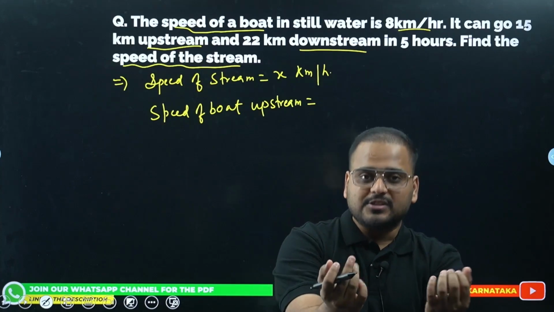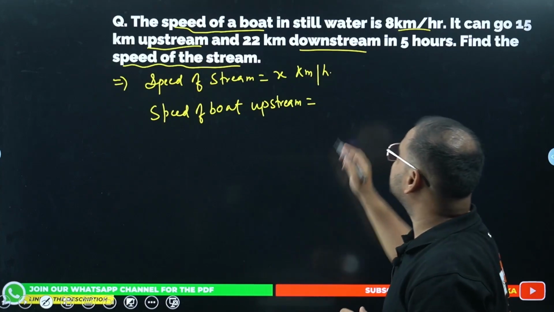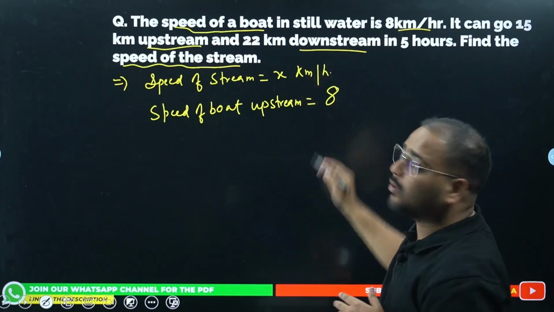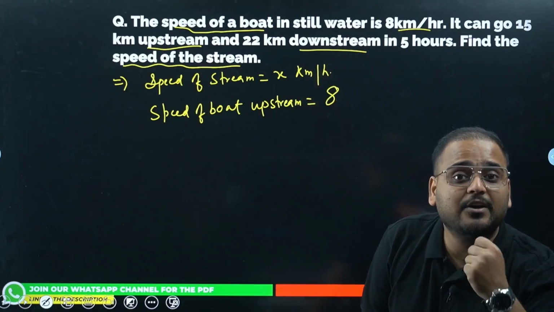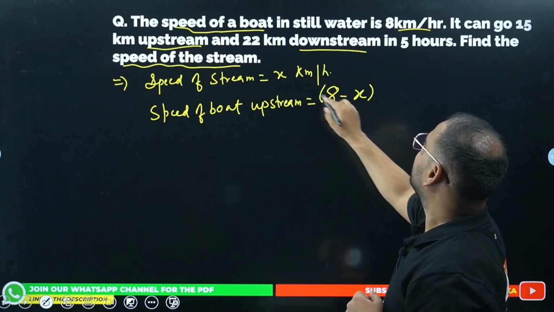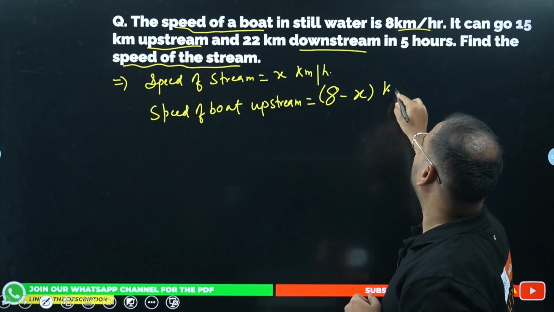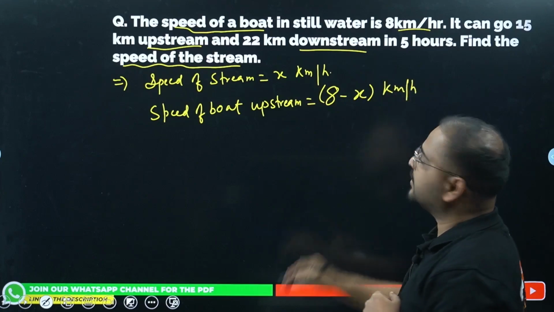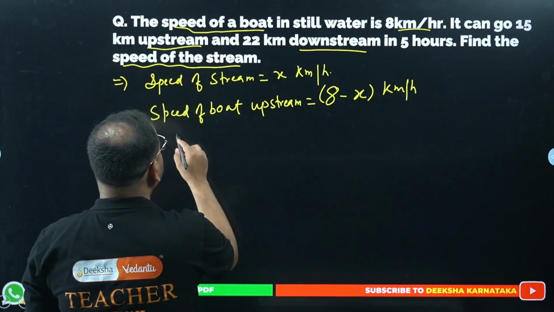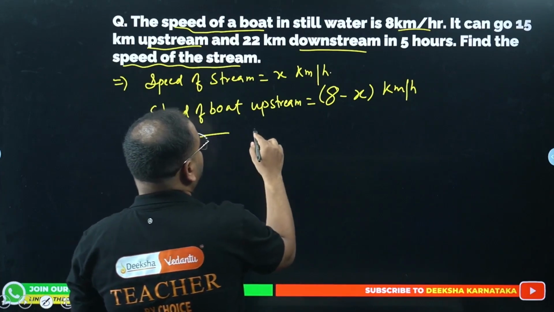The stream will slow me down. So whatever was the speed in still water, which is 8, will slow down by the speed of stream, which is minus x. So 8 minus x kilometer per hour. This is the speed of the boat upstream. What happens? Same thing downstream.